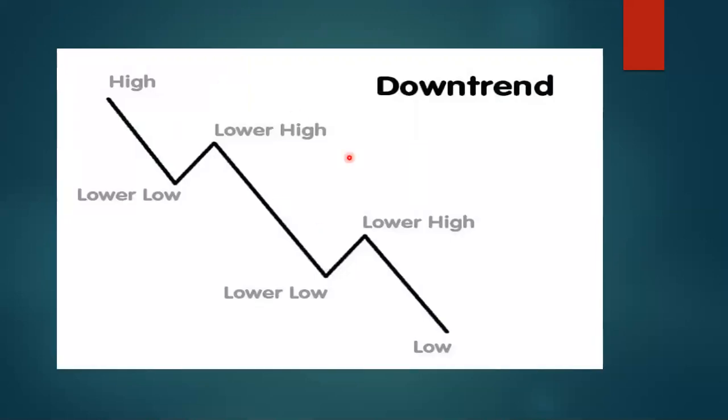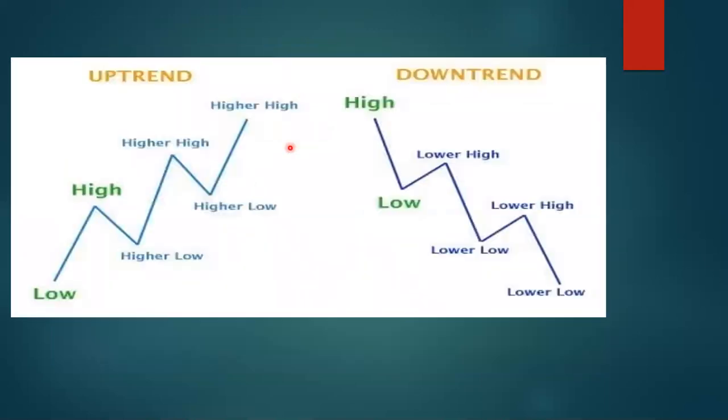As we can see, we are in a downtrend, okay? We have a high, a lower low, lower high, lower low, lower high, and lower low, okay? This is a lower low because this point is lower than the previous low, okay? Lower high because it's lower than the previous high. Okay, it's just that easy.